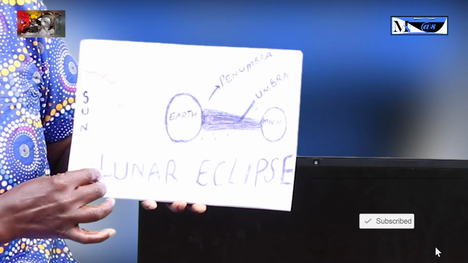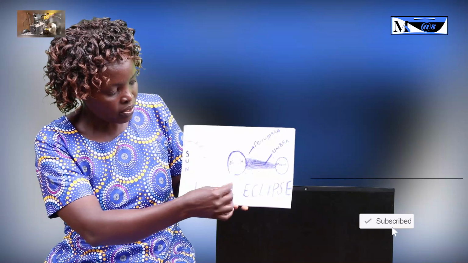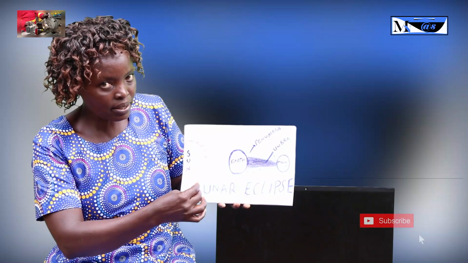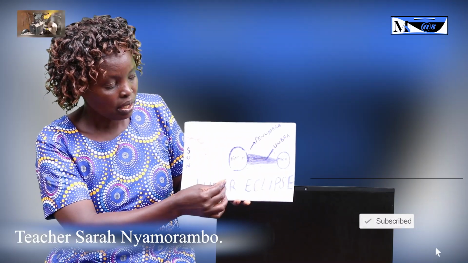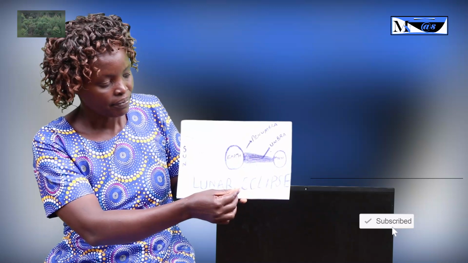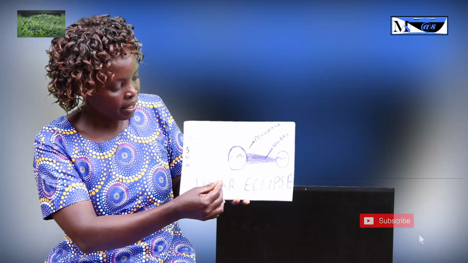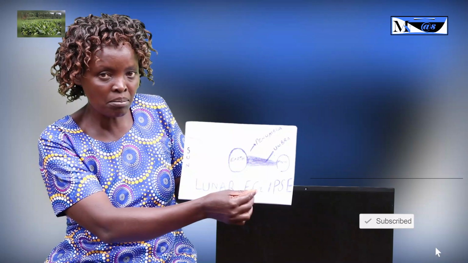We have said the sun, the Earth, and the moon lie on a straight line. The sun is the largest. We had looked at this. The Earth is very large, and the moon is much smaller, and they lie on the same line. And the Earth blocks the sun rays from reaching the moon.